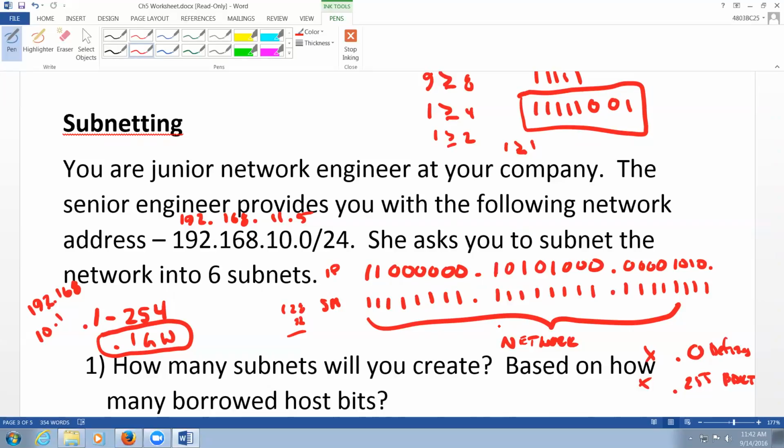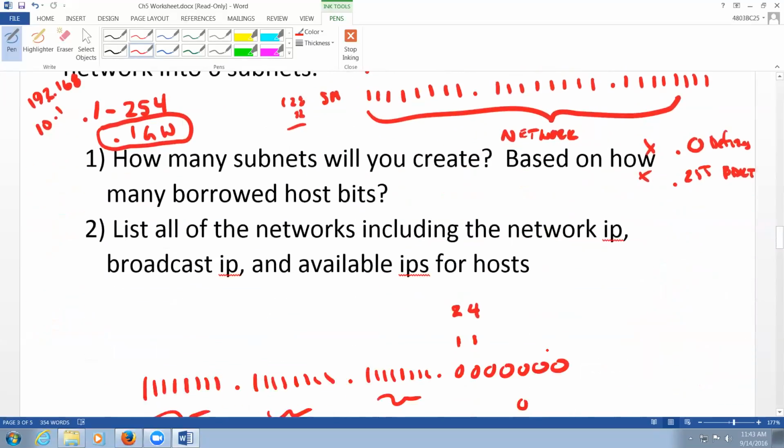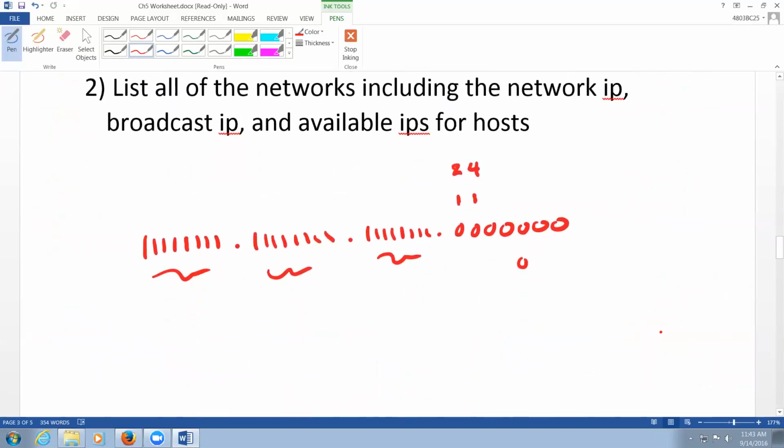So you either have to meet or exceed. You have to borrow 1 more bit here, and 2 to the 3 is going to be what? Not 6. Everything doubles, right? So I'm going to have 8 subnets now.